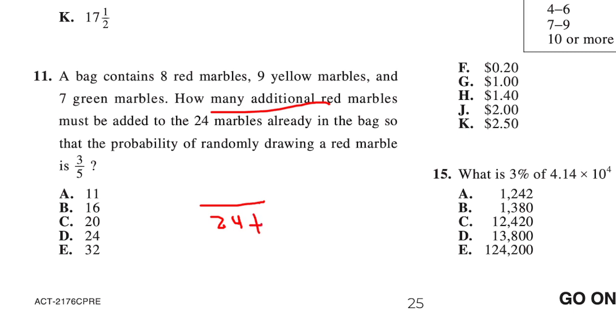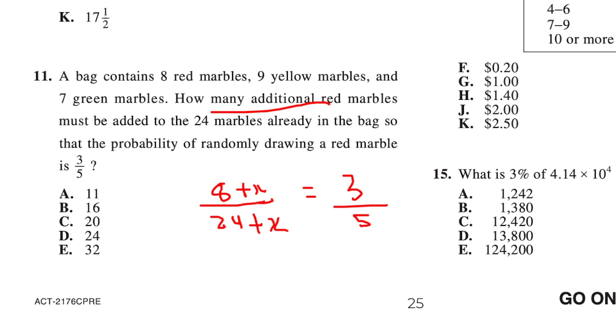Let's say x is the additional number of red marbles we're going to add. Our numerator is going to be 8, and then we're going to add x to it. This is going to be equal to 3 over 5. And cross multiply, and then we can figure out our answer for x.